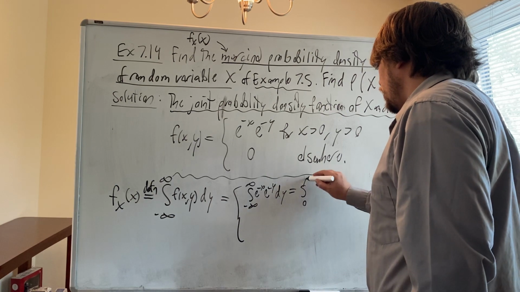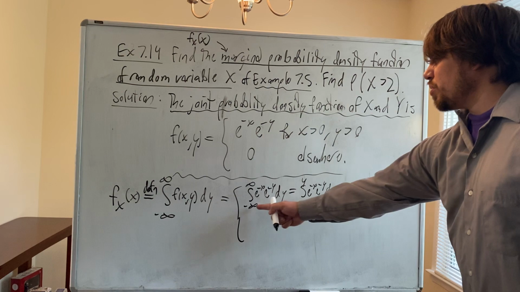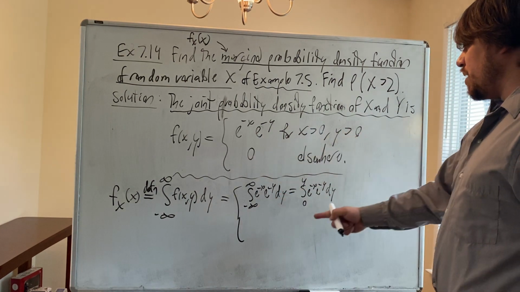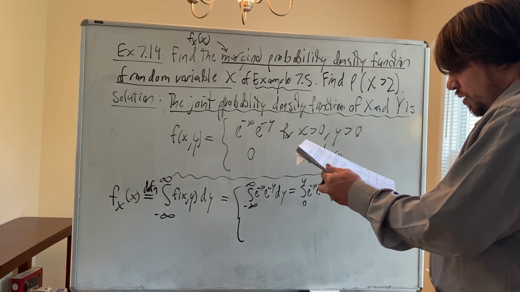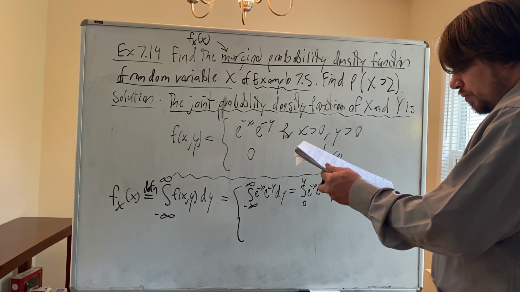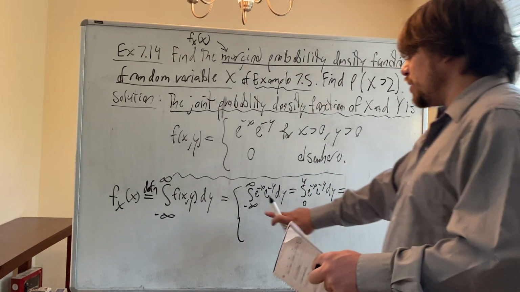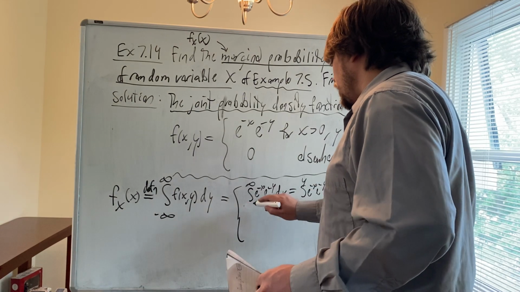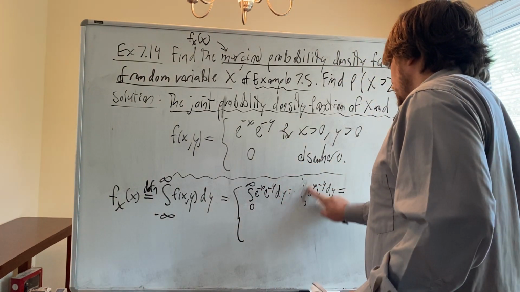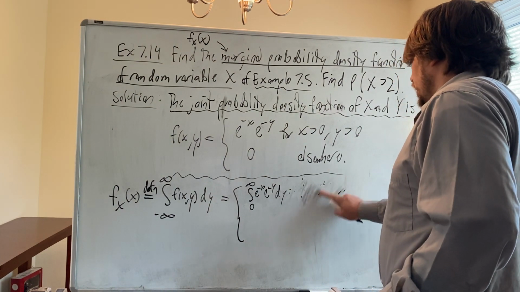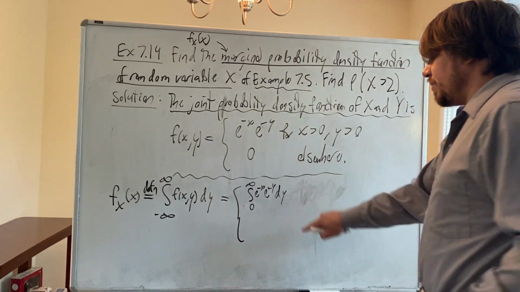So you get the integral from 0 to infinity, e negative x, e negative y dy, because we're integrating with respect to y, it's 0 when y is not positive. Let me just put a 0 there because you're not technically integrating negative infinity.